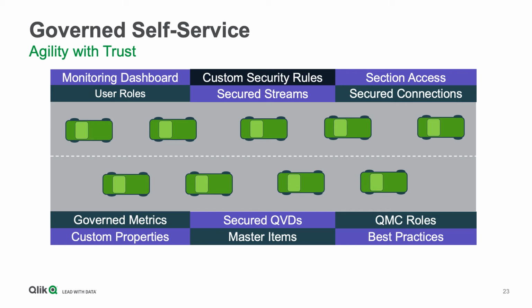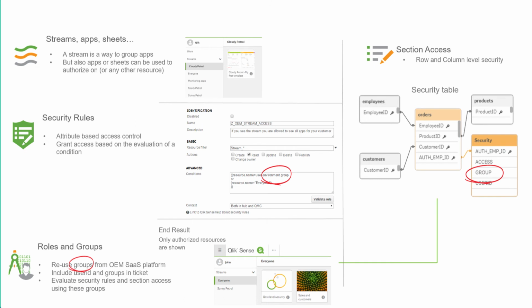What we're specifically speaking about here is controlling the user consumption aspects of Qlik Sense through streams, apps, and sheets, applying security rules to make sure that only the right people see the right information, managing the groups and roles of which people can do administration and which people have the ability to create new content, and then applying what we call section access, which is a hierarchical, cascading, associative engine-based security system.